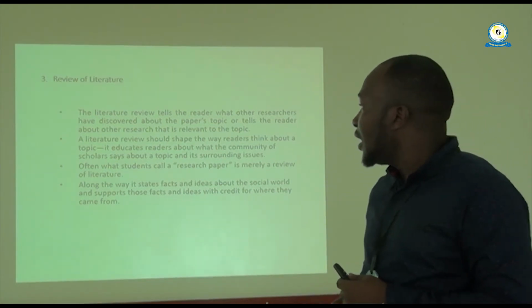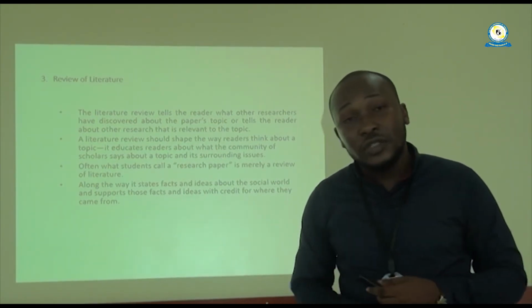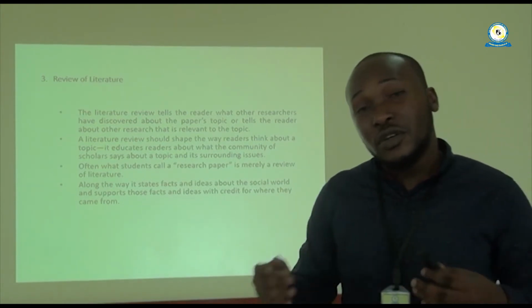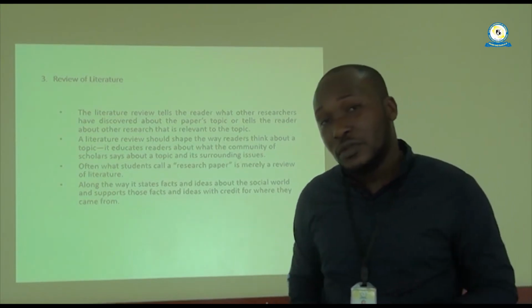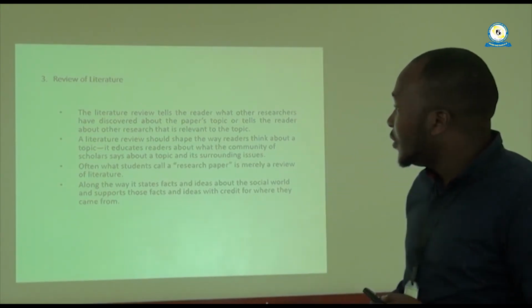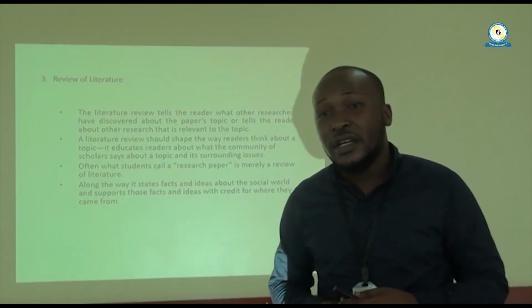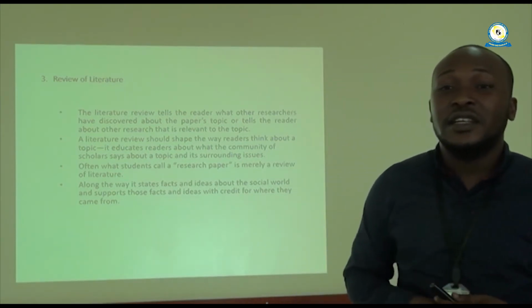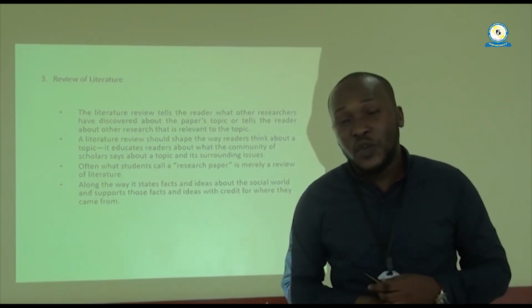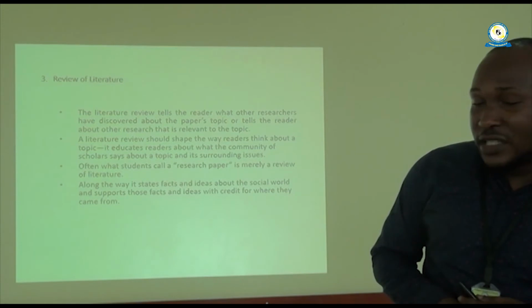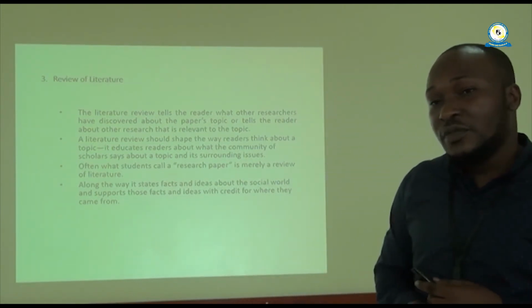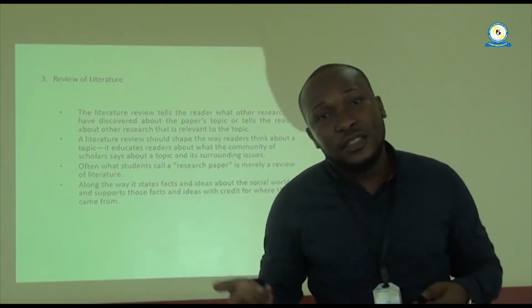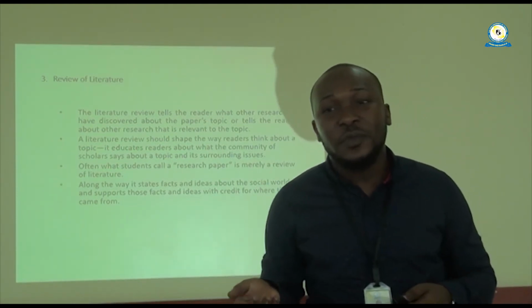From what is known, you are going to search for what is known and to get what is not known. So you go to literature surveying. The literature review tells the reader what other researchers have discovered about your topic, factors influencing small-scale farmers' access to microcredit. What have other researchers said about the topic?